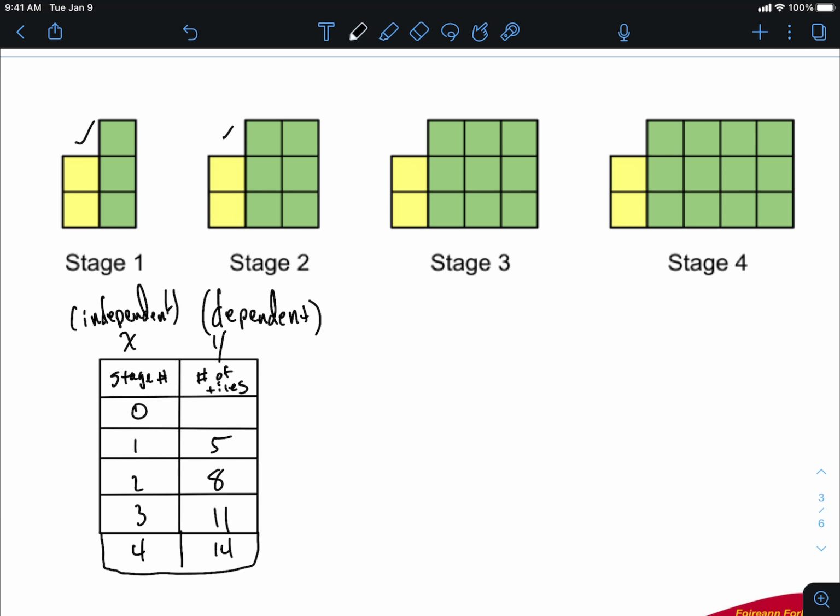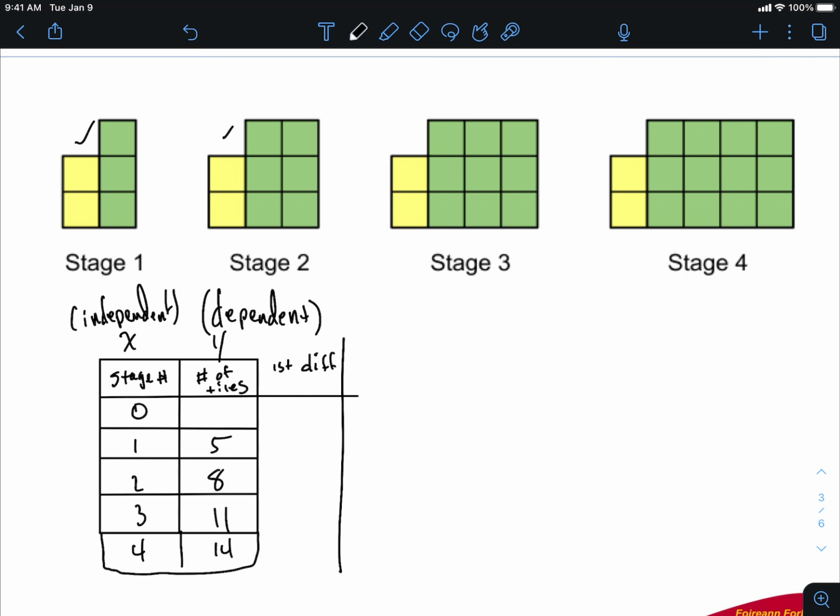Okay, and yesterday we talked about this additional column that you can add called the first differences. The first differences tell us what kind of graph we're going to get, for your purposes.